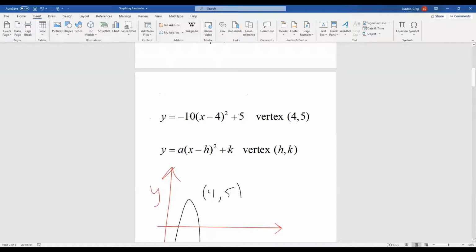which means that the k is moving in the direction you'd expect, plus being up as far as y is concerned, whereas the h is going in the direction you wouldn't expect. The minus, you might think, is going to be to the left. Nope, it's going to be to the right, actually. It's contrary to what you might expect. And similar sorts of things happen. So the 10 here, if you think of applying it to y, it stretches things.